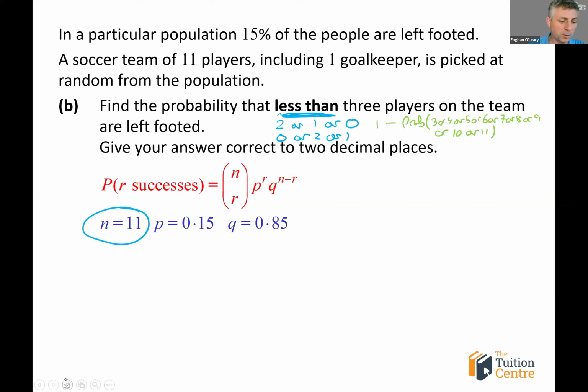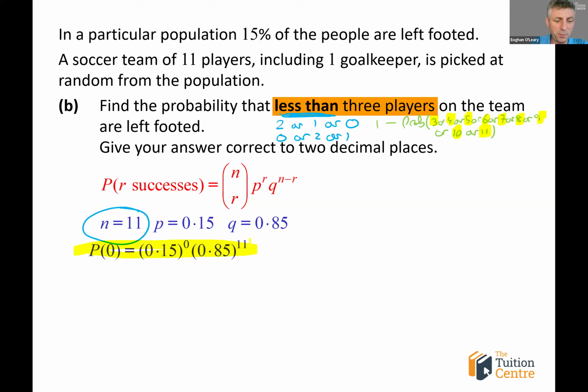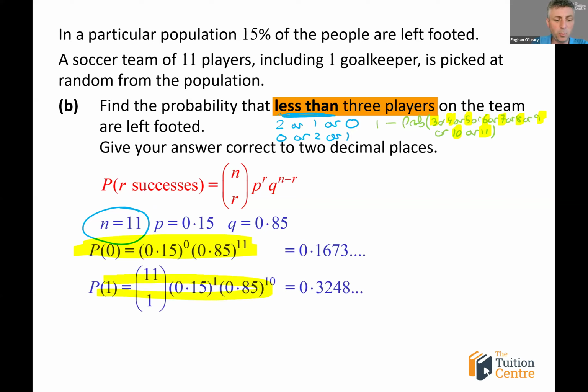Let me see how many there'd be. 1, 2, 3, 4, 5, 6, 7, 8, 9 different Bernoullis, add them all up together and subtract away from 1. But this way, I can do just 3 Bernoullis, so less than 3 players. So I work out the probability of nobody being left-footed, the probability of 1 person being left-footed, and the probability of 2 people being left-footed.